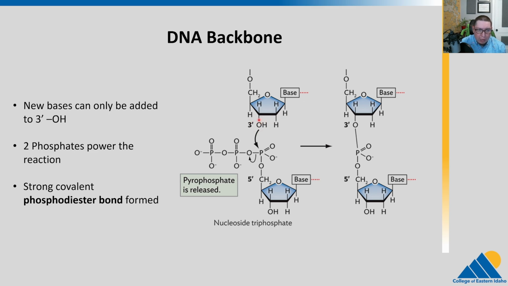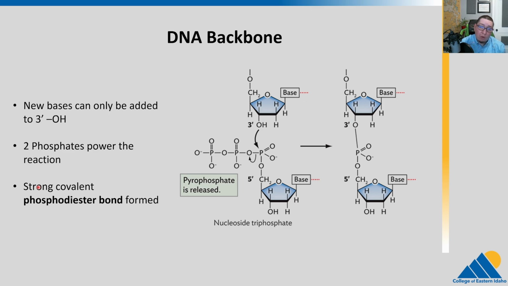It has a free 3' OH, where we can add a new nucleotide. Here's a new nucleotide, and it has these 3 phosphates. Those are going to provide energy for the reaction. To add this to the growing chain, we can only add it to this 3' OH. We're going to cut off 2 of these phosphates and stick these 2 molecules together. This is going to form a strong covalent bond.